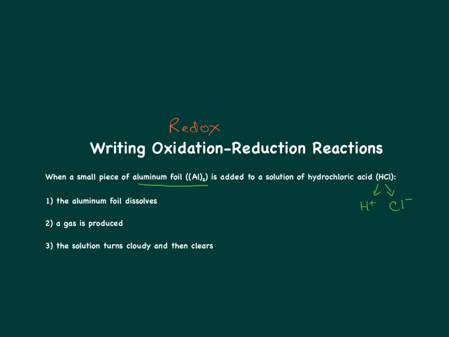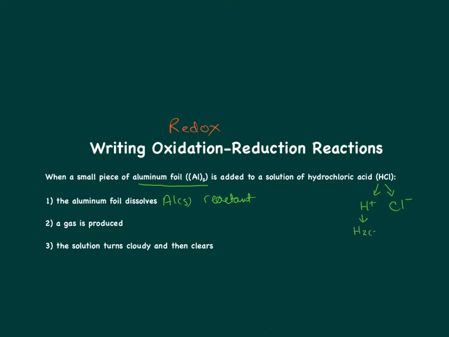So number one, the aluminum foil dissolves, so we know that one of our reactants is aluminum. This is a reactant. Now we have two other possibilities for reactants, H+ or Cl-, or both. But what we see is that a gas is produced, and you really have two choices for gases.